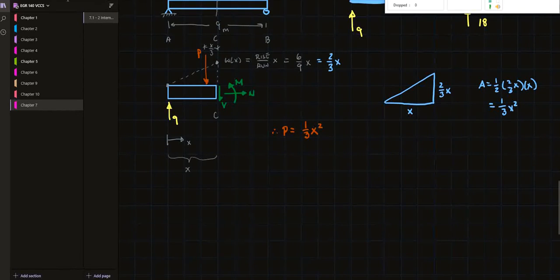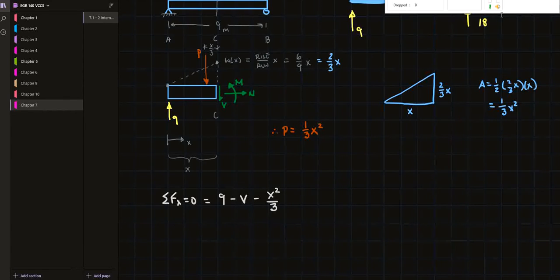So next I'll just sum forces in the x direction, set it equal to 0. That's going to equal 9 for my reaction, minus V for my shear force, and then also minus x squared over 3.